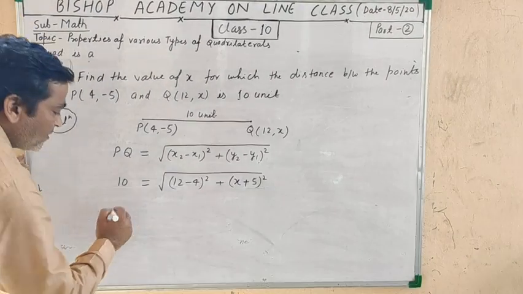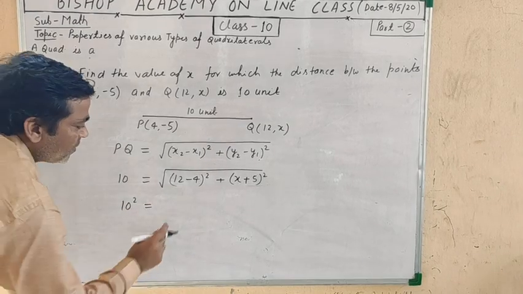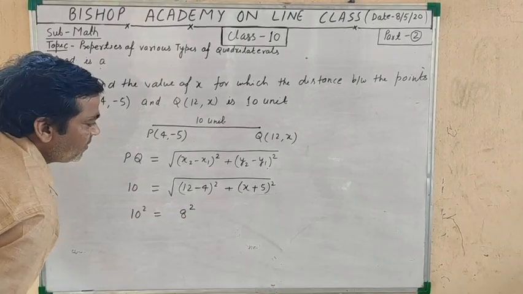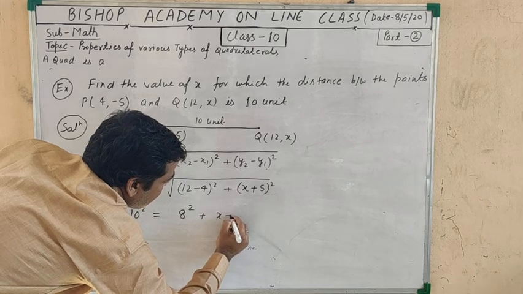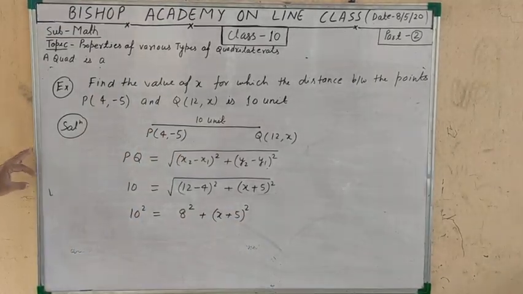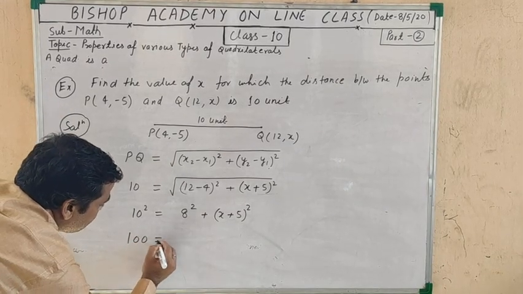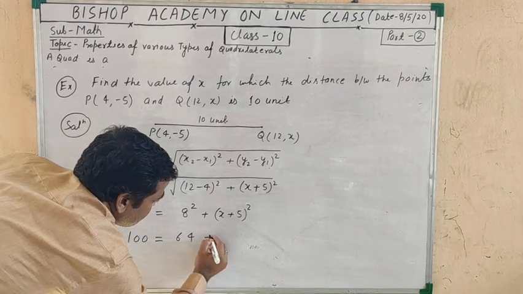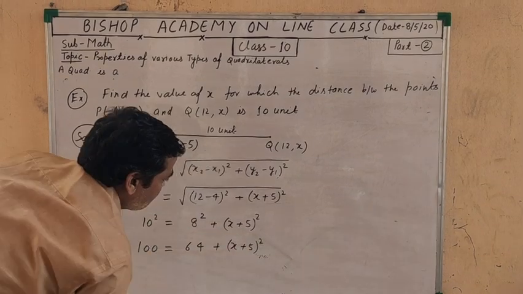Squaring both sides, 10 square equals (12 minus 4, that is 8) whole square plus (x plus 5) whole square. 10 square is 100, equal to 8 square, which is 64, plus (x plus 5) whole square.